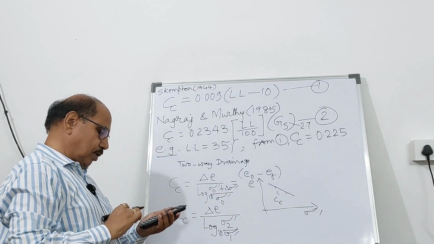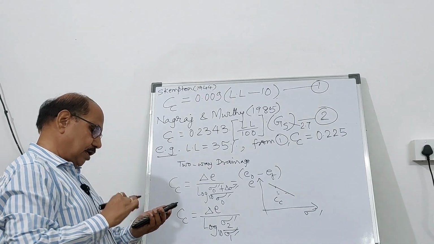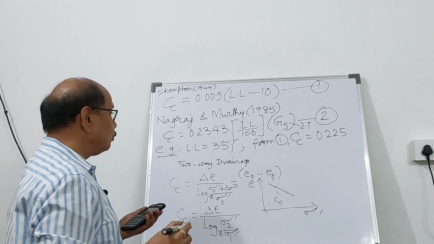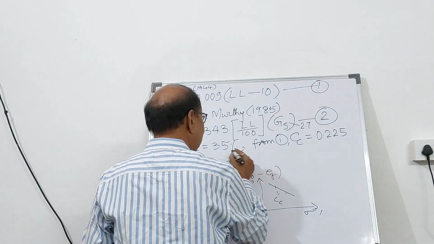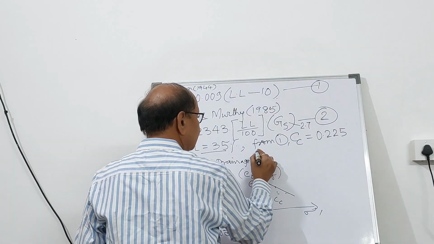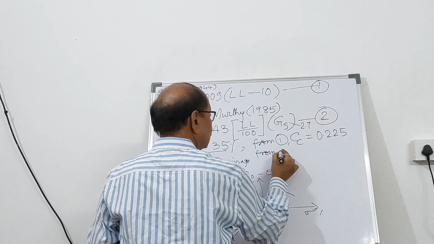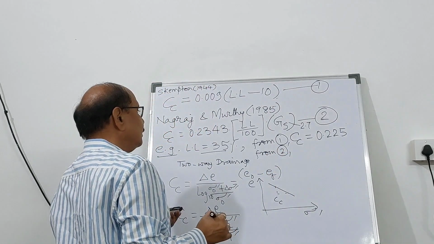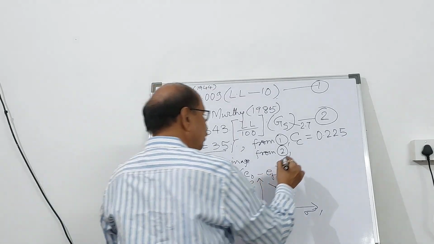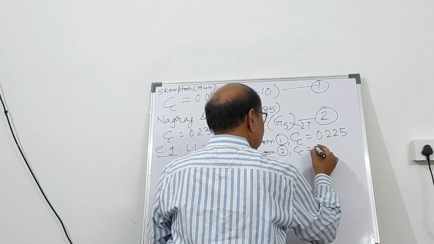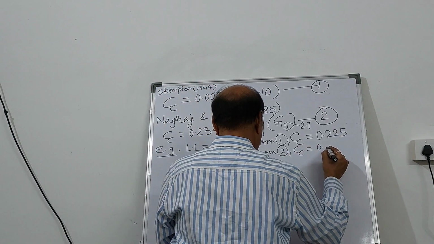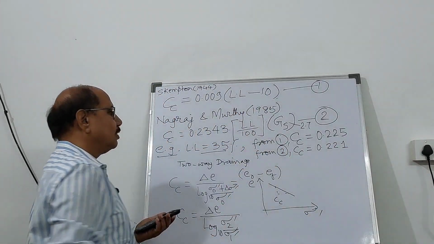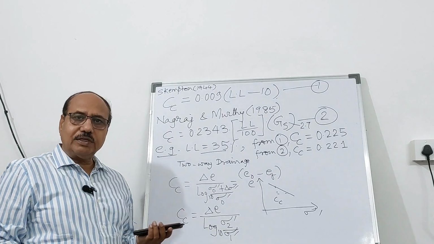So into 2.7, this is 0.2214. So for LL equal to 35%, from Nagaraj and Murthy empirical relationship, the value of Cc comes out to be 0.221. So almost similar values you are going to get.